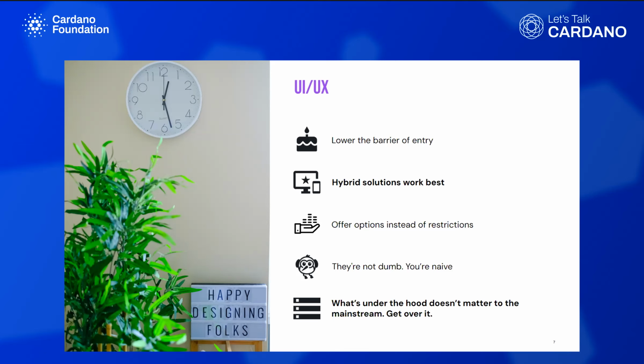And so when you do build, you really have to concentrate on the UX. It's all about the UX. If the UX is too convoluted, too complicated, people won't want to use it. Mainstream will not want to use it.